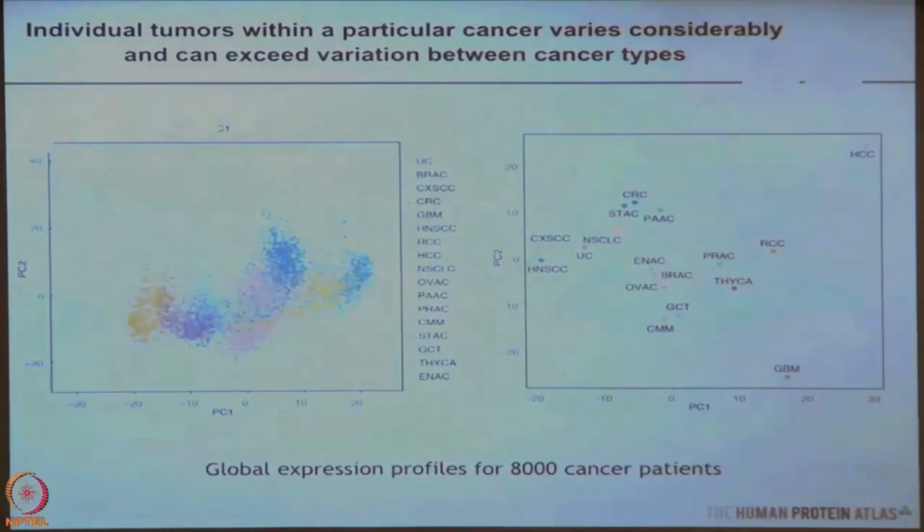Here are the hormone-driven cancers, breast cancers, endometrial cancer, ovarian cancer, which also is pretty close to prostate cancer. Here you have glioblastoma. You see the cancers which have quite a lot of influence of squamous cell carcinoma, etc. So actually, the different tumors do separate, but if you look at individual tumors, they're very diffuse clouds.